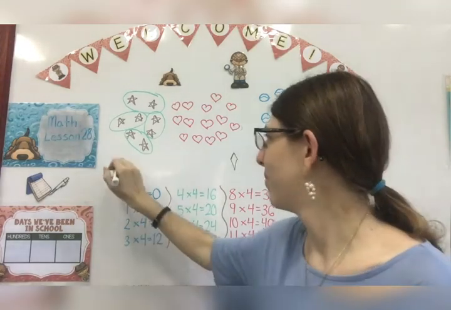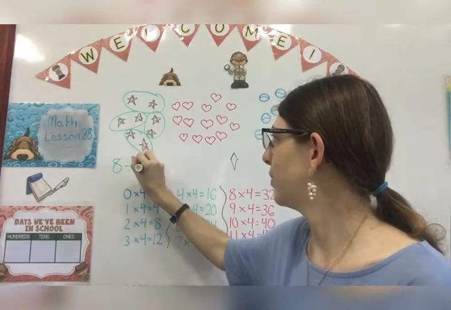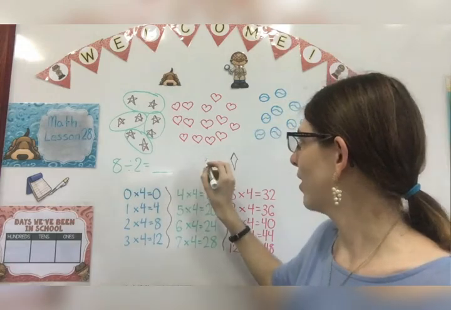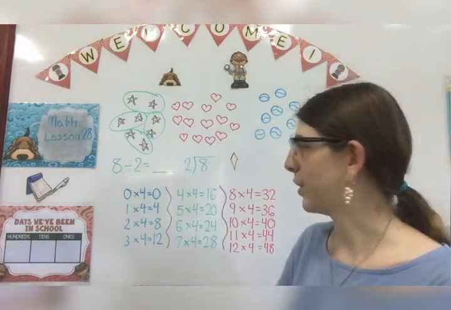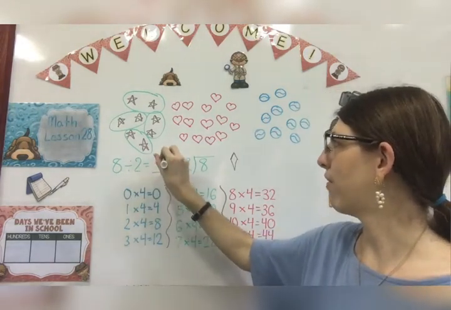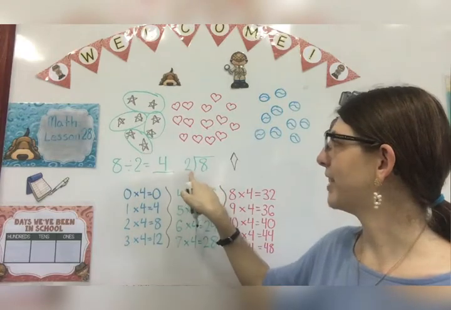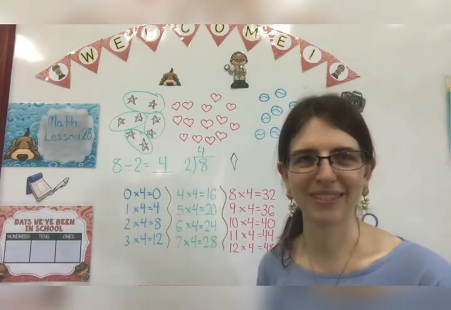On your paper, you have it like this. 8 divided by 2 equals, you also have it this way. 8 divided by 2. So we know that 8 divided into groups of 2, we have 4 groups.